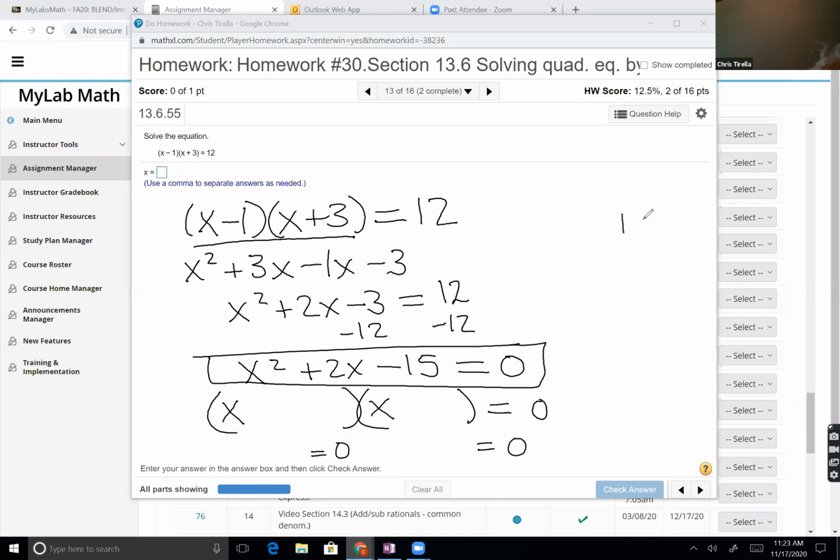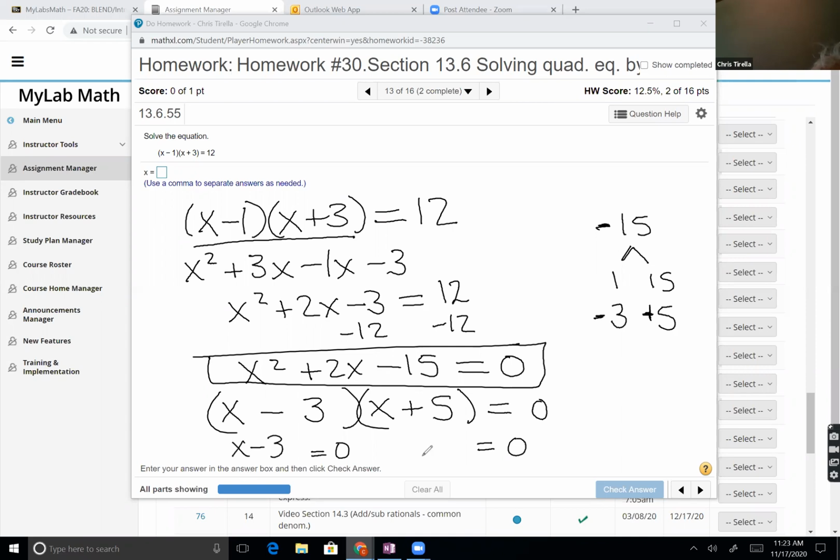To multiply to 15, I think my only choices are 1 and 15, or 3 and 5. Because it's a negative 15, I want different signs. And so if I take negative 3 times positive 5, that'll give me a negative 15. And if I take minus 3 plus 5, it'll give me that positive 2 in the middle.